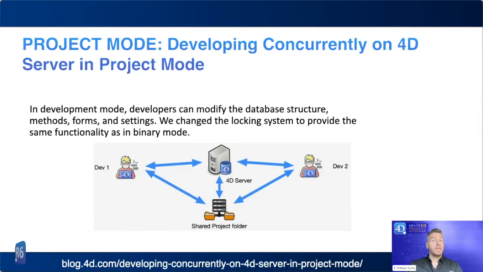And we changed the locking system to provide the same functionality as you had in team developer mode or binary mode. So, good news for those of you that still develop in binary mode: you can now adopt project mode without impacting your organization and benefit from project mode's exclusive features like Silicon compilation, CSS forms, classes, computed attributes, and when you're ready, source control systems like Git.